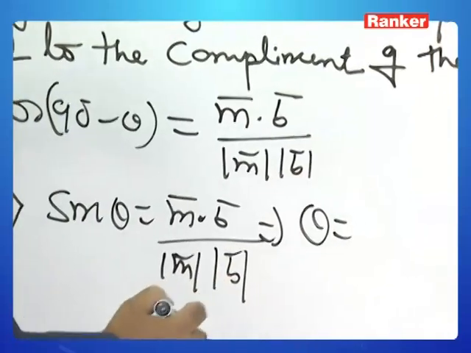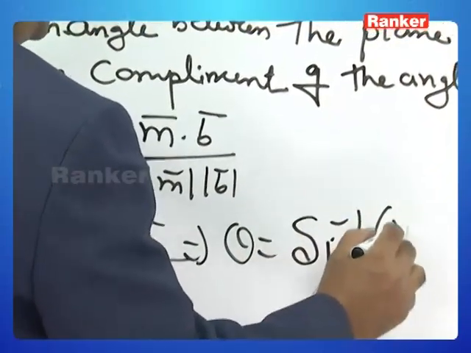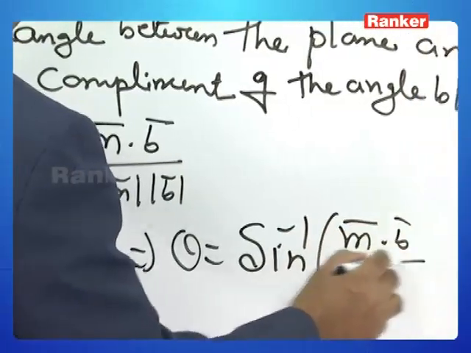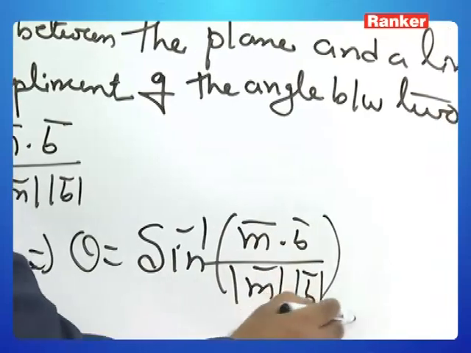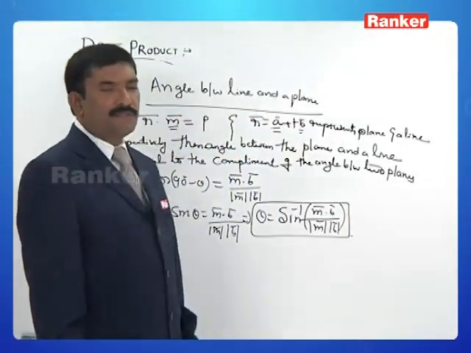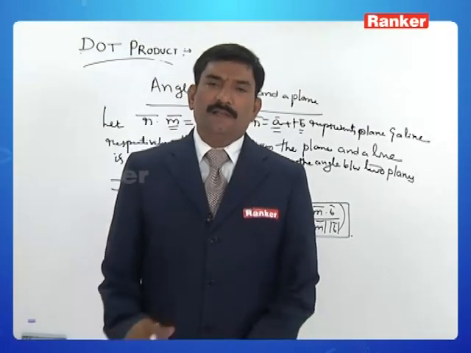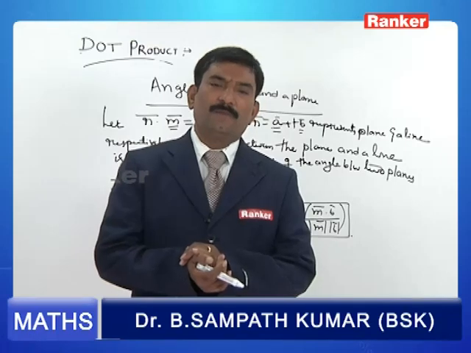Theta is equal to sin inverse of m bar dot b bar by modulus of m bar modulus of b bar. This is the angle between a line and a plane.